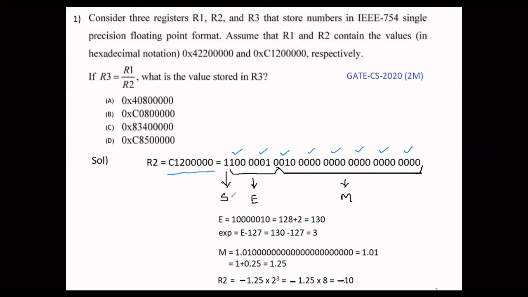We know the first bit is the sign, here 1, which means the decimal number is negative. Then the biased exponent E is given, and the mantissa is the remaining 23 bits. E converted into decimal is 130, and the original exponent is E minus 127, that is 130 minus 127, which is 3.